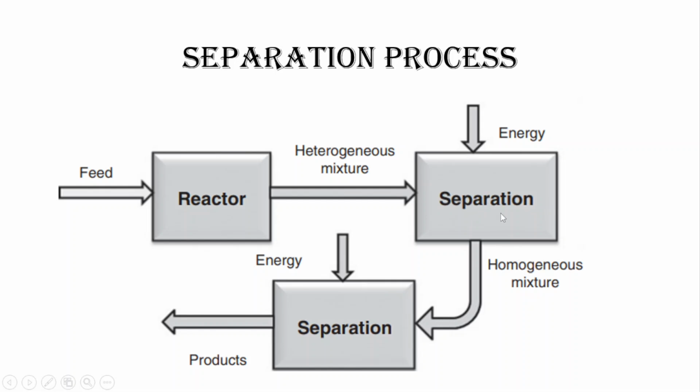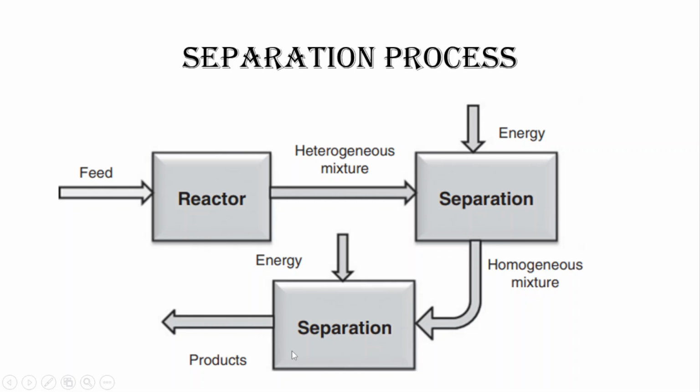Then from this side, you are having a homogeneous phase mixture. Then you use separation. Here you can use some equipment like a cyclone. You can use a sieve to do your separation. Then you get a homogeneous phase. Then you use a separation process.